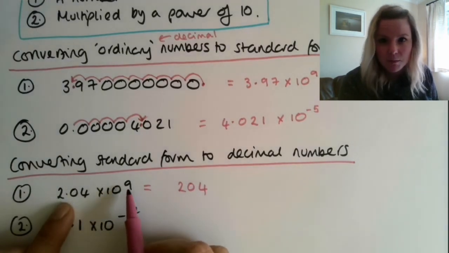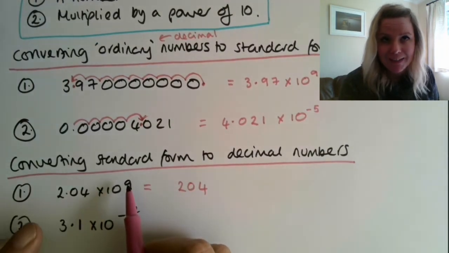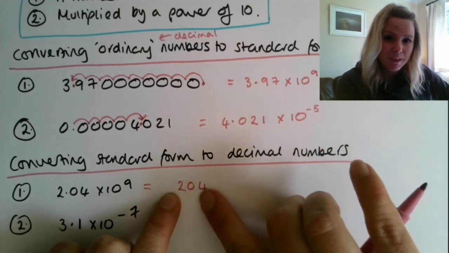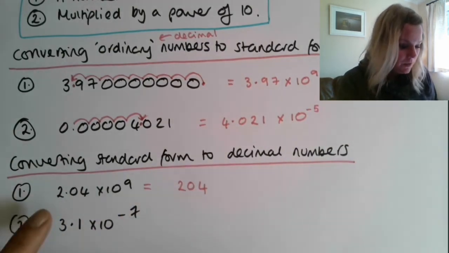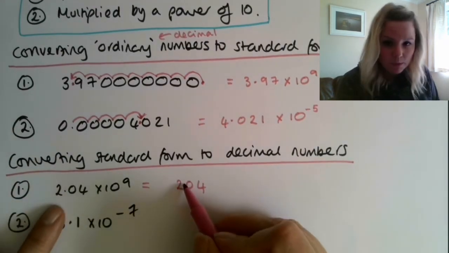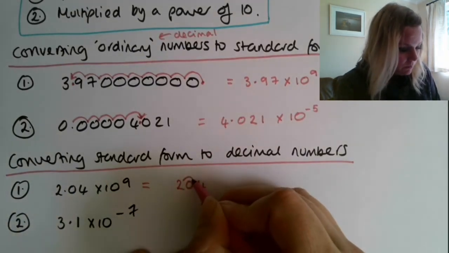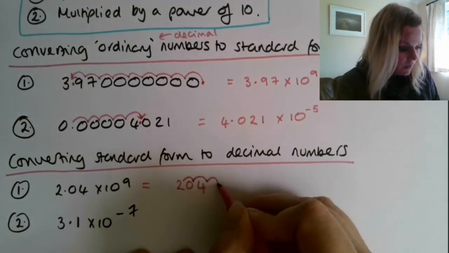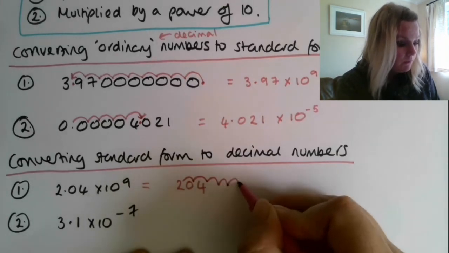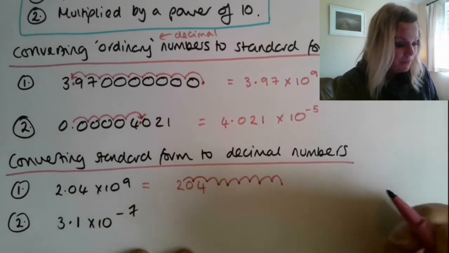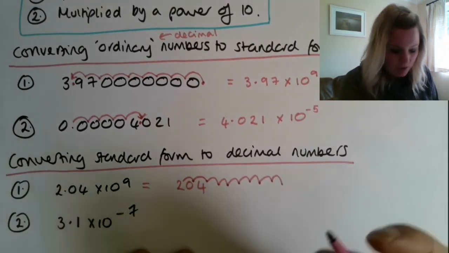Now because this is a positive power, then it's a big number, so I'm going to be adding zeros on here. So my original decimal point was here, and I am moving it 1, 2, 3, 4, 5, 6, 7, 8, 9 places. Then I just need to put the zeros in.